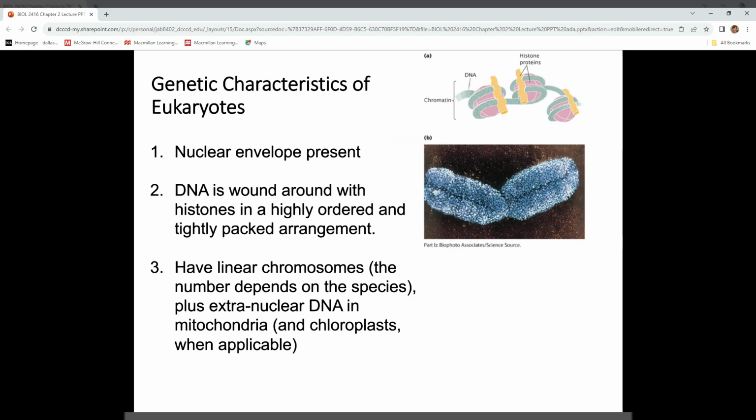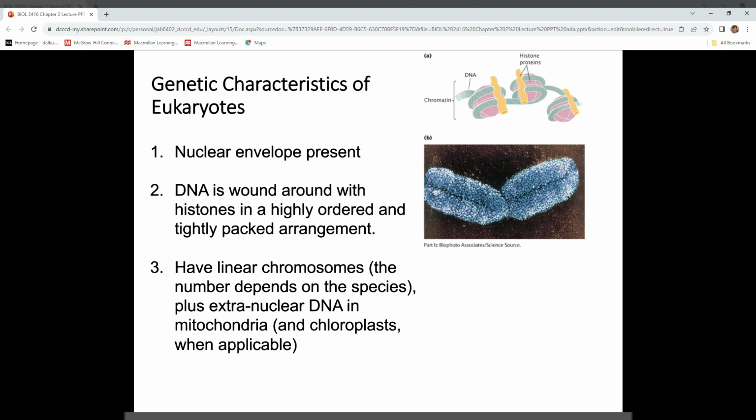However, in this chapter, we're going to focus on the genetics and the chromosomes of eukaryotes. And in eukaryotes, there is a nuclear envelope. So the DNA is inside of an organelle called the nucleus. And the DNA is typically wound around histone proteins.